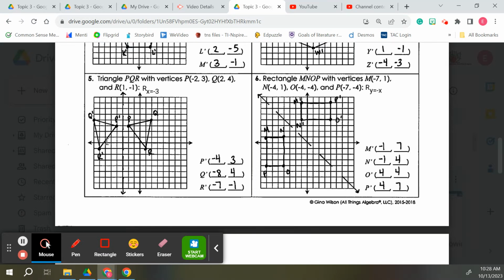What questions do we have on 5? Anything?